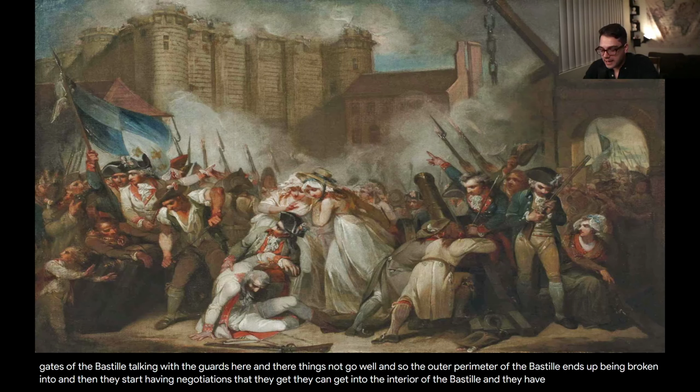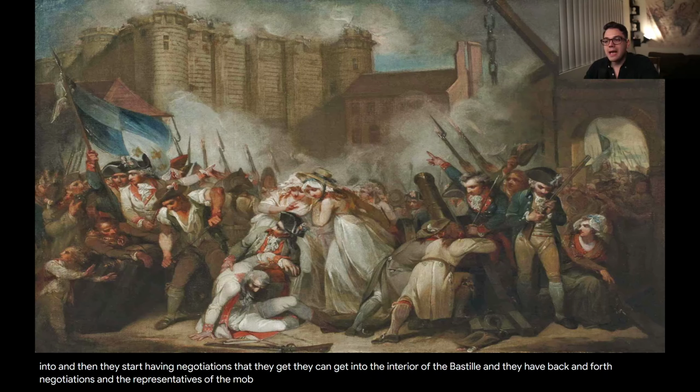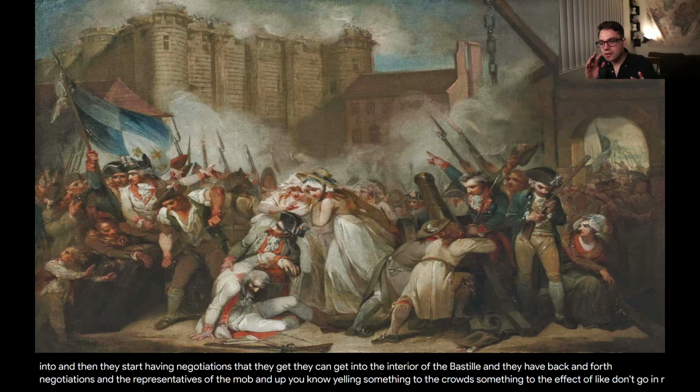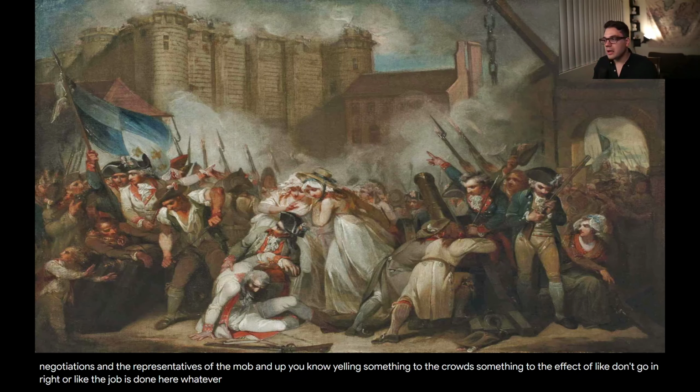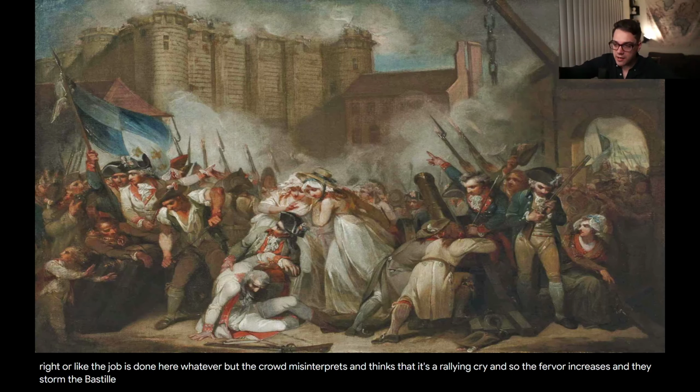They have back and forth negotiations, and the representatives of the mob end up yelling something to the crowds, something to the effect of, don't go in, right? Or like, the job is done here, whatever. But the crowd misinterprets and thinks that it's a rallying cry. And so the fervor increases and they storm the Bastille by force.